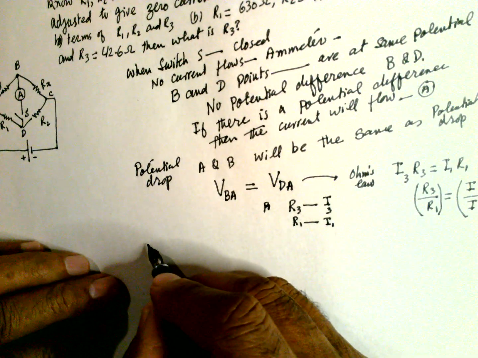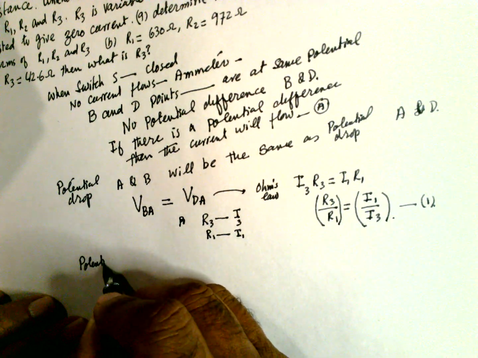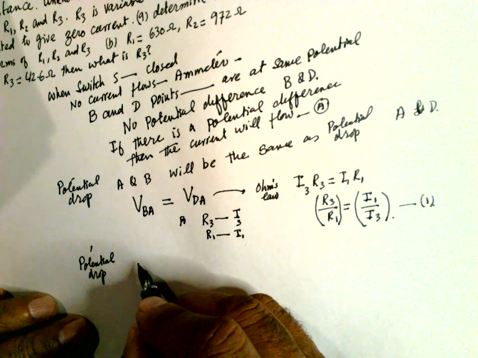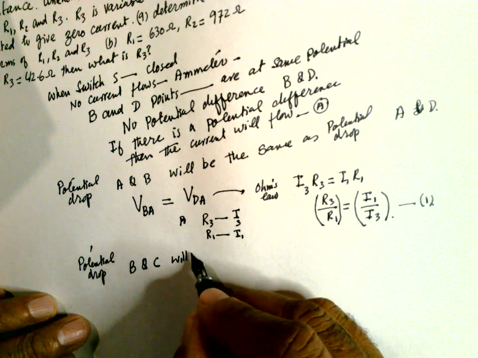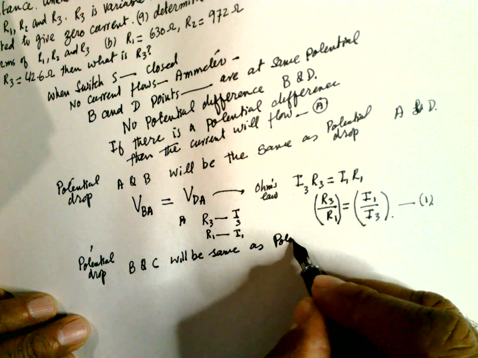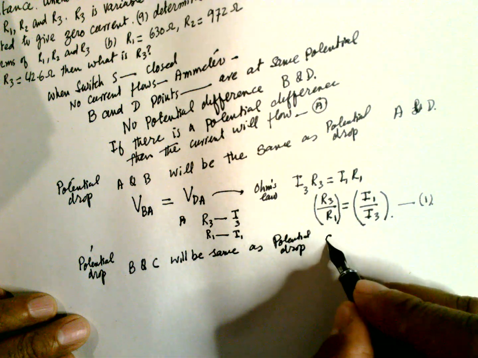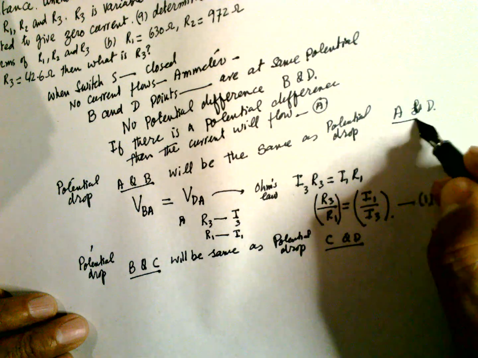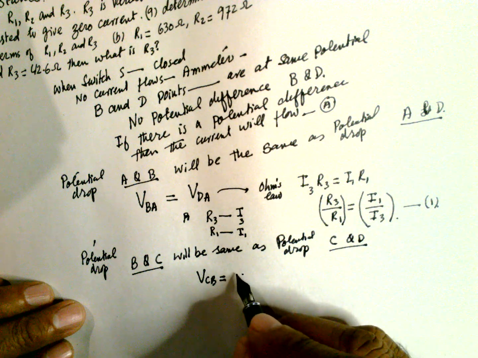Similarly, the potential drop between B and C will be the same as the potential drop between C and D. So in this case, VCB is equal to VDC.